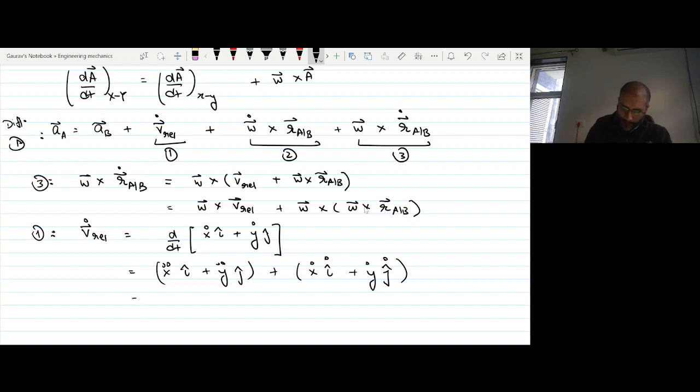So this first one is nothing but A rel, the relative acceleration that's measured in the small xy axis with the origin at B. So relative acceleration of A with respect to B in the rotating axis.